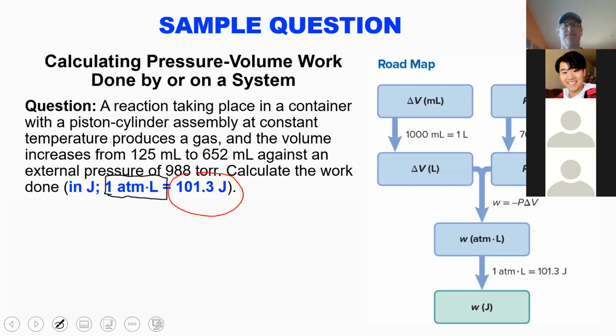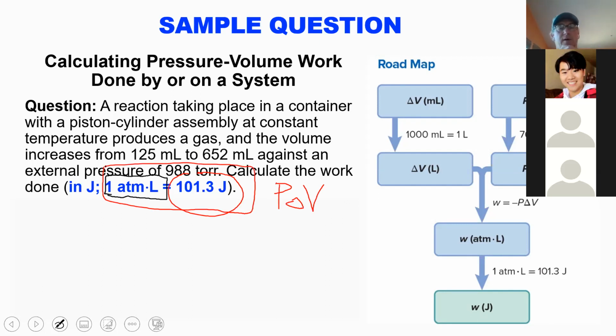I'll give you all those conversions, because remember, I don't want you to memorize things. I just want you to hopefully understand it a little bit. What I want you to understand here is that work is calculated by the pressure and the change in volume. That's the important thing to take away. And how we convert that to energy is with this expression right here.